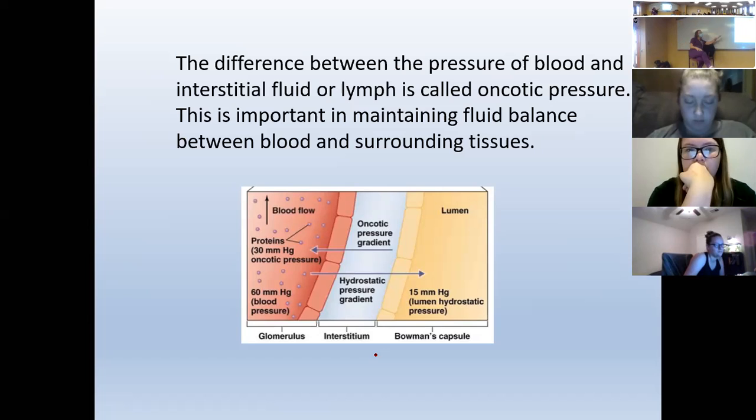But the difference between the pressure in the blood and the pressure of the fluid in the tissue is known as oncotic pressure. And the higher this pressure, the more we're going to be moving stuff back and forth, just basically kind of pushing by force, if you think about it like that.